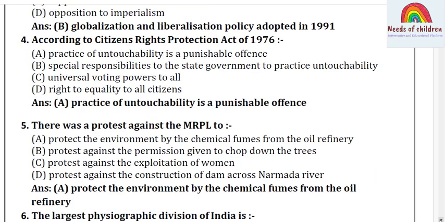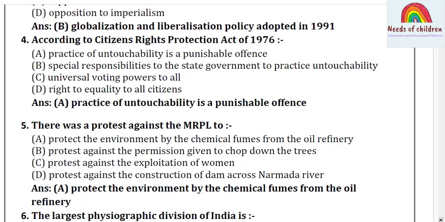Let's move on to the fourth one. According to the Citizens Rights Protection Act of 1976: option A, practice of untouchability is a punishable offence. Option B, special responsibilities to the state government regarding the practice of untouchability. Option C, universal voting powers to all. Option D, right to equality to all citizens.